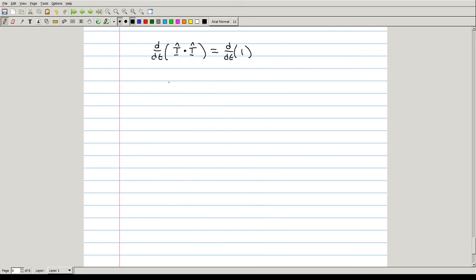Well, on the left-hand side, we can apply the product rule that we just proved. And the derivative of 1 is 0.